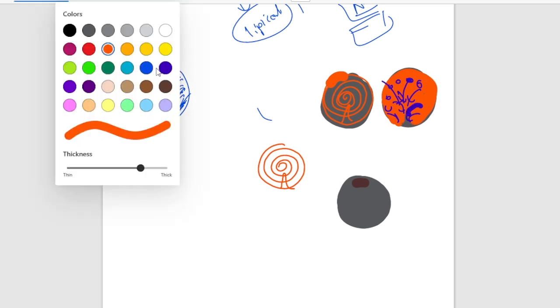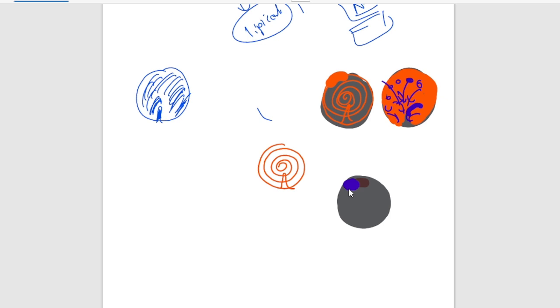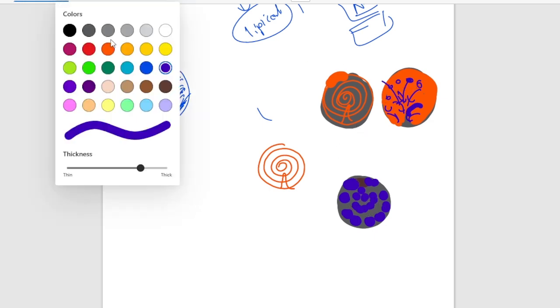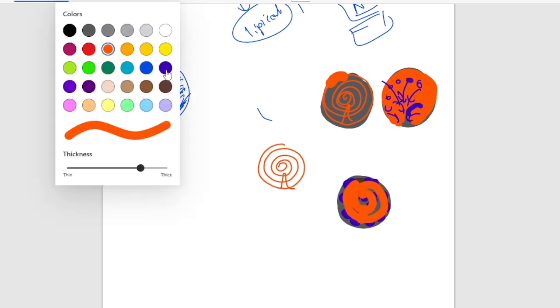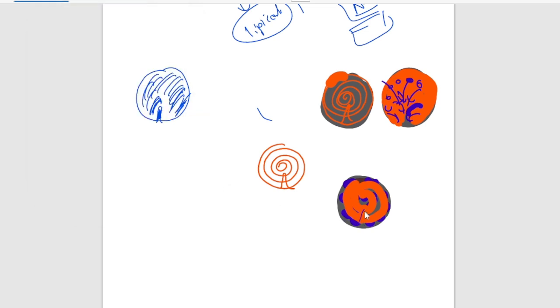So this cell comes here. And you know the outer layer is also present, with a groove inside.